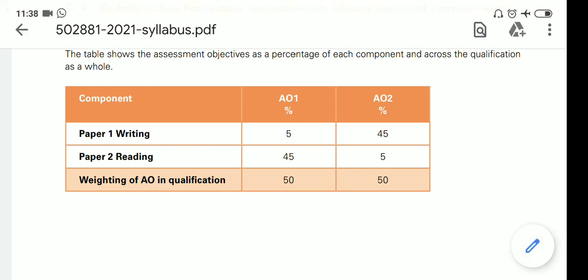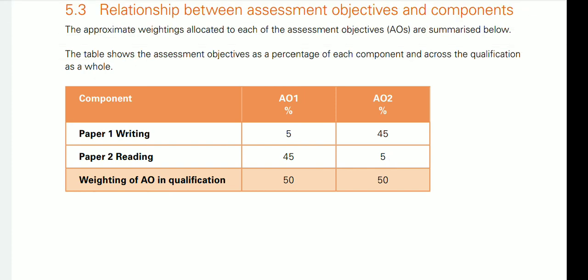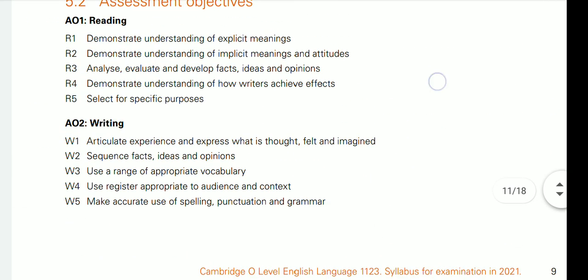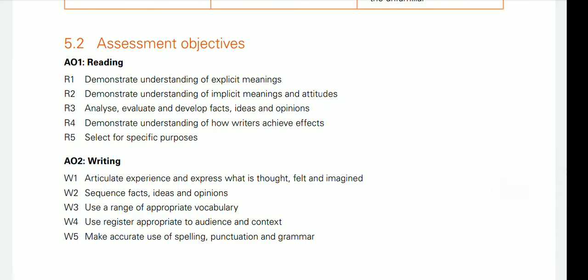So the reading paper also includes 5% weightage of assessment objective 2, which is writing. So make sure that you fulfill all these assessment objectives when you are attempting the papers. Whenever you attempt a paper, I've provided you the marking scheme. If you have already done this passage, see what mistakes you have made, and that's it for now.